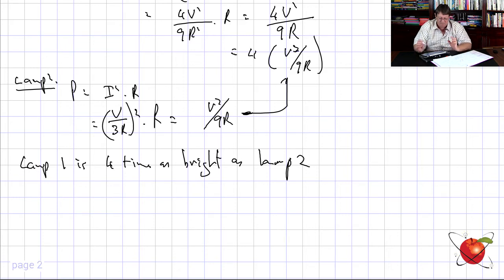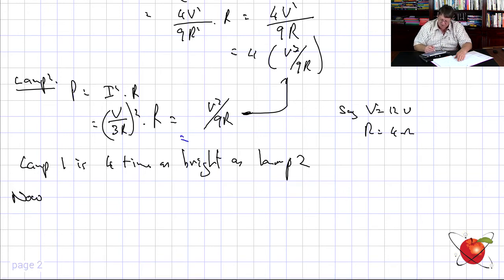Now, what happens? Let's just say, what if we open the switch? Whoops. Now, okay, let's just put in some numbers. Once again, say V is equal to 12 volts and R is equal to 4 ohms. Let's calculate this just so that you can see.